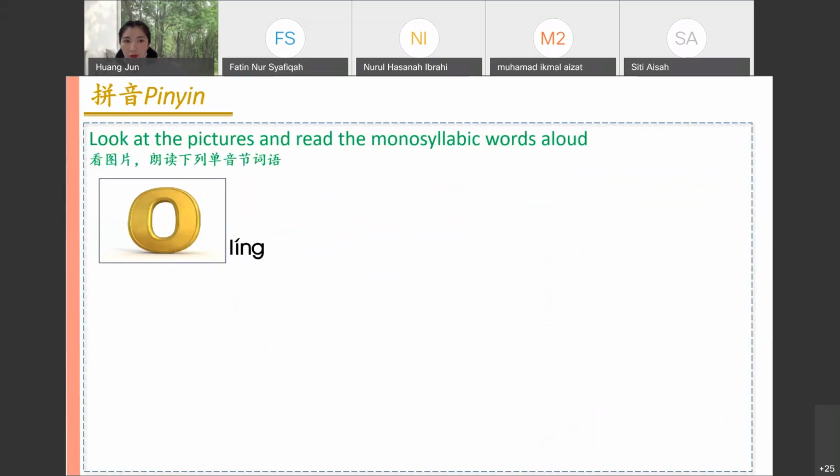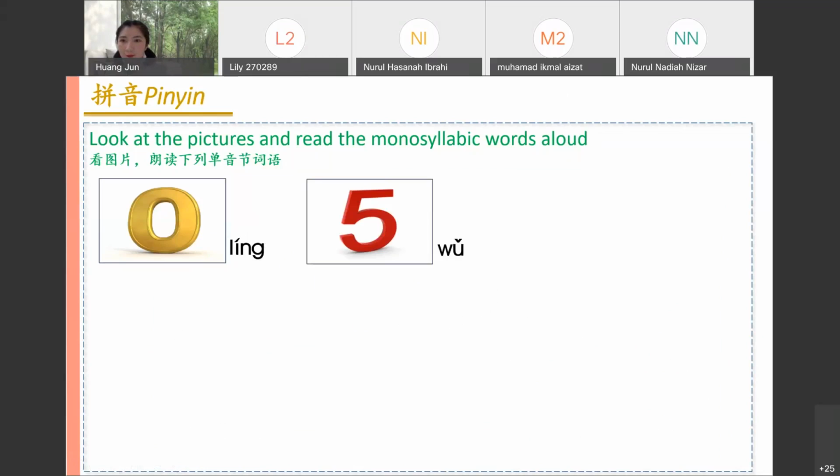Word 0. How do you read it right now with the correct tone mark: initial, final, and tone? Try to read after me. This one, 零, 零.